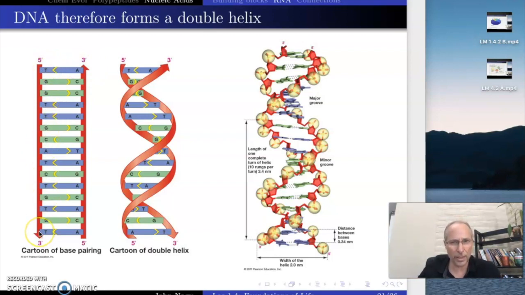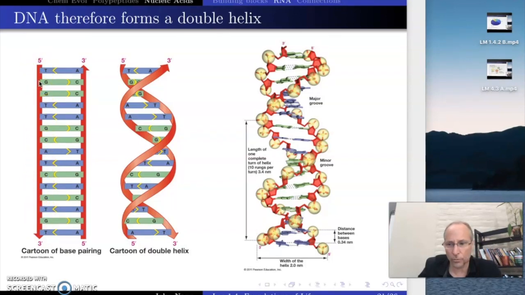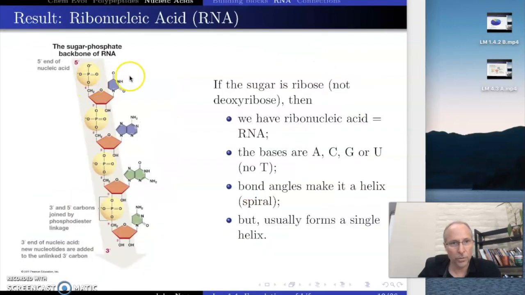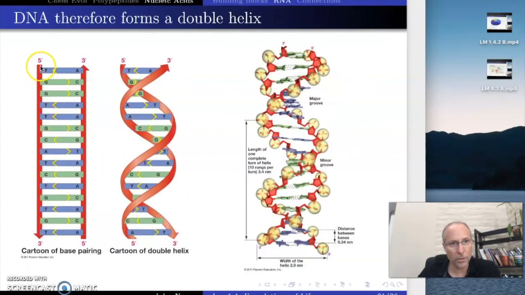Now, if you look at this as a slightly different arrangement than what we saw before, you see the red ribbon here going down this one side actually represents the sugars. So if we go back to here, you'll see this is sort of what's represented by the red ribbons, and then the things sticking out are the bases. So we go here, these are the bases, there's T, G, and so forth.